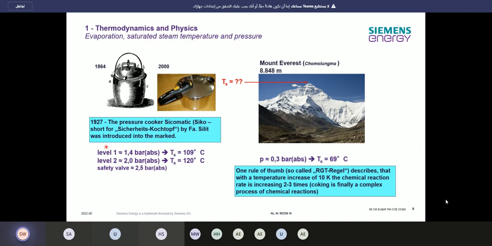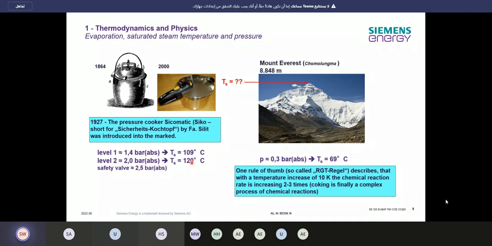You have there normally different ways in. So 1.4 bar would give you a saturating temperature of 109 degrees in there, and it's going up to 2 bar, then you're reaching 120 degrees inside the cooker.